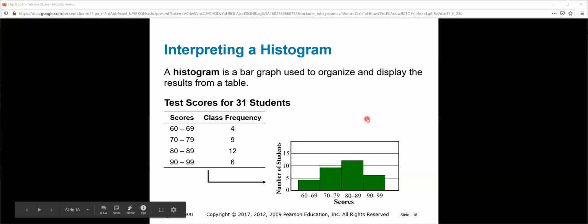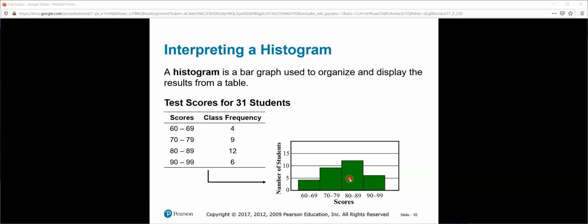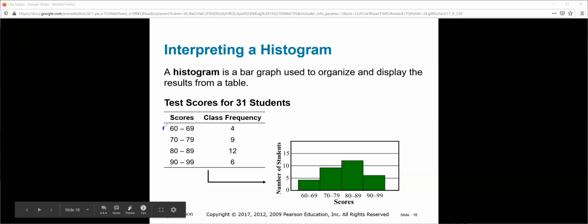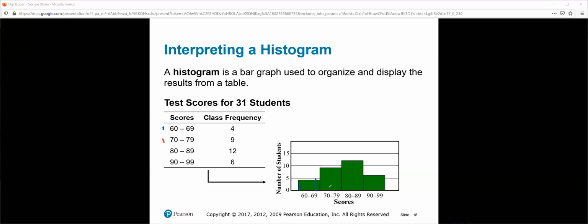What did my students do? The majority of my students got a B on this test. That's the point of a histogram. If this was, again, individual grading, you could say blue is 60s, and this was a bar graph, something like that, right? Red is 70s. Orange is 80s.